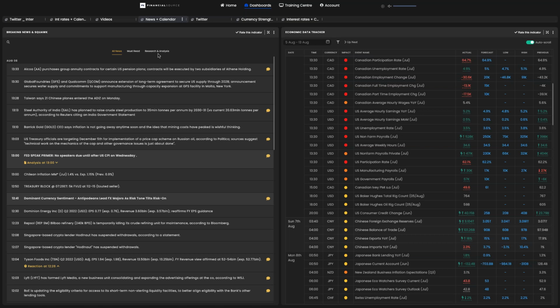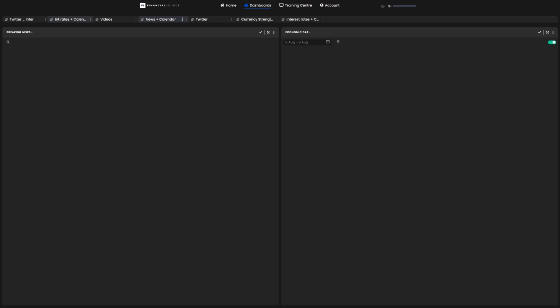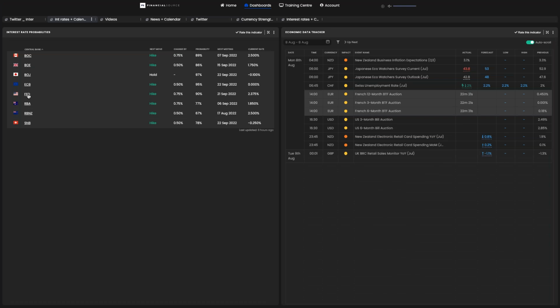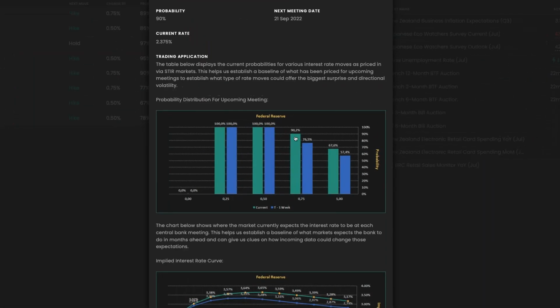And that led short-term interest rate markets to start expecting a 75 basis point hike. And you can see the Federal Reserve here that after that report, there's now a 90+% chance of the Fed hiking by 75 basis points at their next meeting on the 21st of September, right?